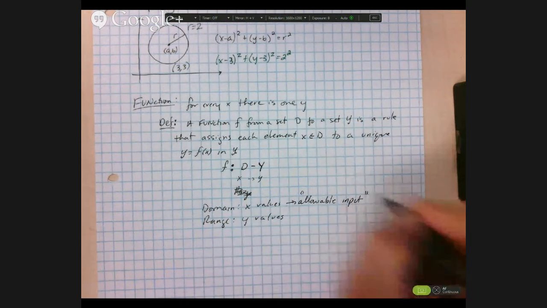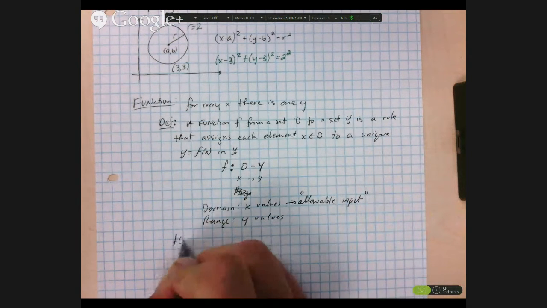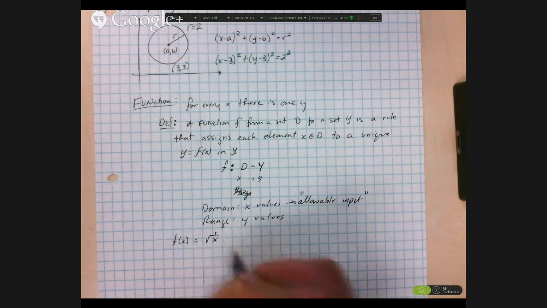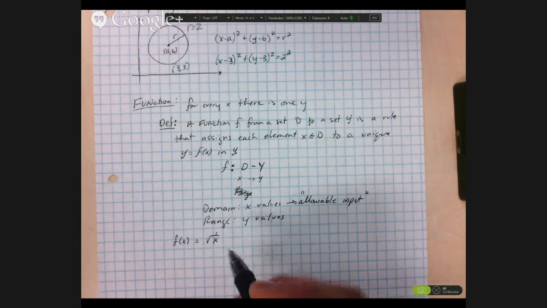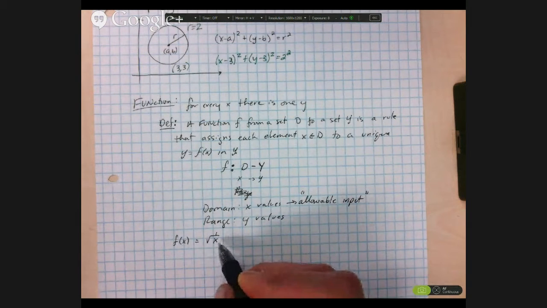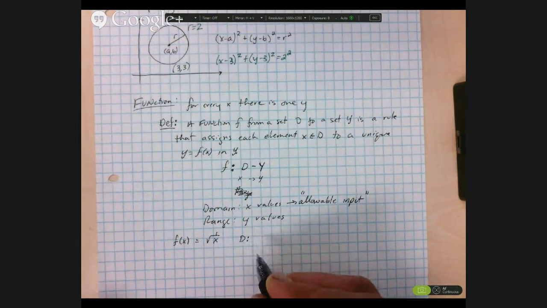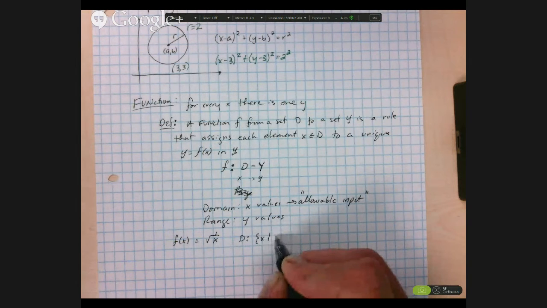So if I have something like f(x) equals the square root of x, negative numbers are not allowable inputs there. So the domain, and we're probably going to see a little bit of notation change here, is the set of x such that x is greater than or equal to 0.